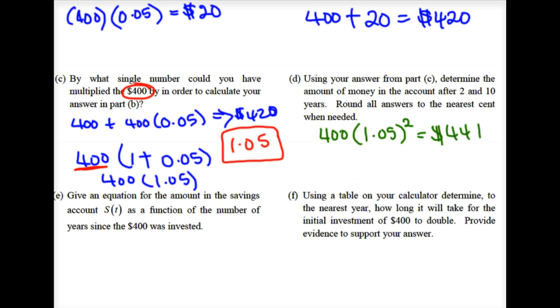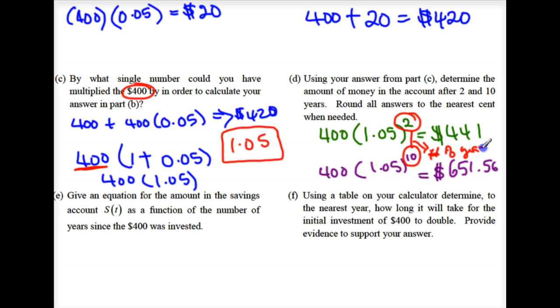Now what if it was 10 years? 400, same thing, 1.05, but now I'm going to the 10. And rounded to the nearest cent, this will give me 651.56. So notice that these two here are known as the number of years. That's why this is like saying it's to the x power. That's why it's an exponential function.